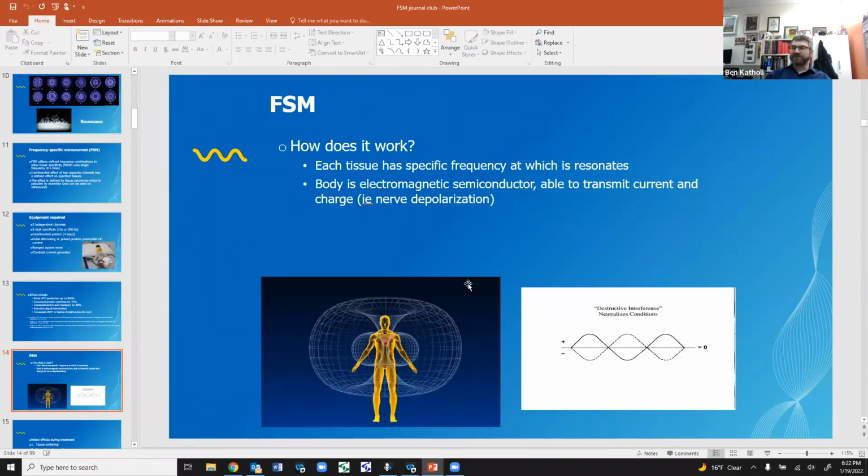And we know that we're able to store current, right? If you scuff your feet across the carpet and then shock your roommate, you know that you're able to store current and transmit current. And so using that, we saw in those pictures that water is able to be reorganized and transmit. And since your body is a large portion water, that helps.